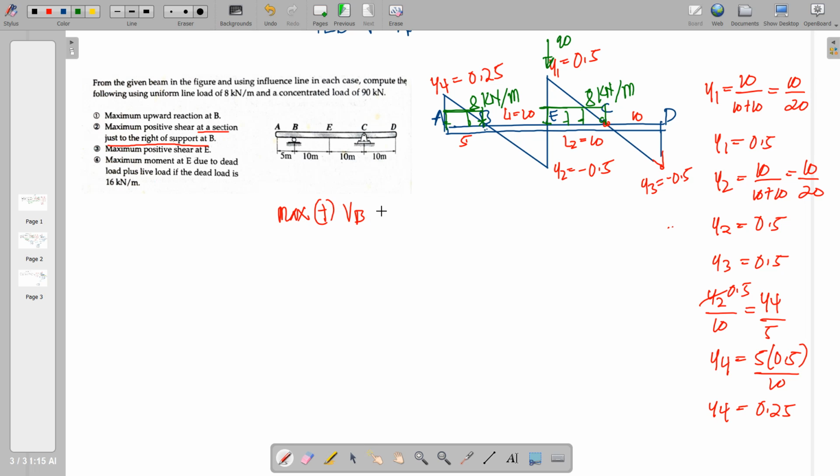we have 90 times 0.5. So we add 8 times 1/2 times 5 by 0.25 for the smaller triangle, and we add also 8 by 1/2 times 0.5 by 10.